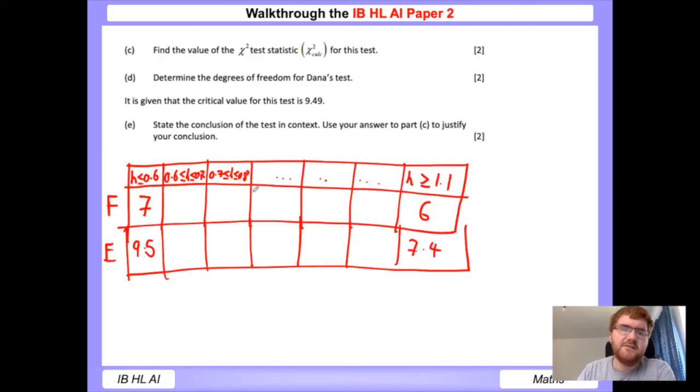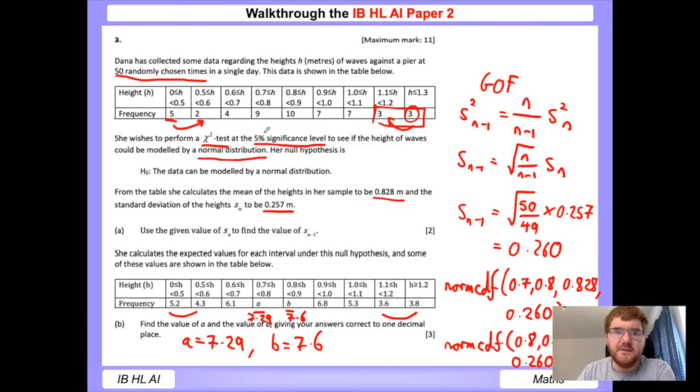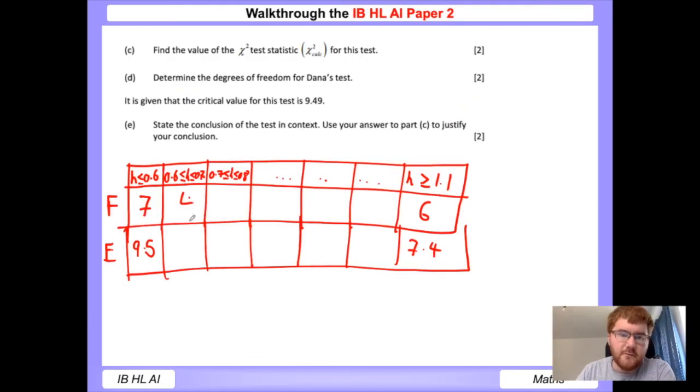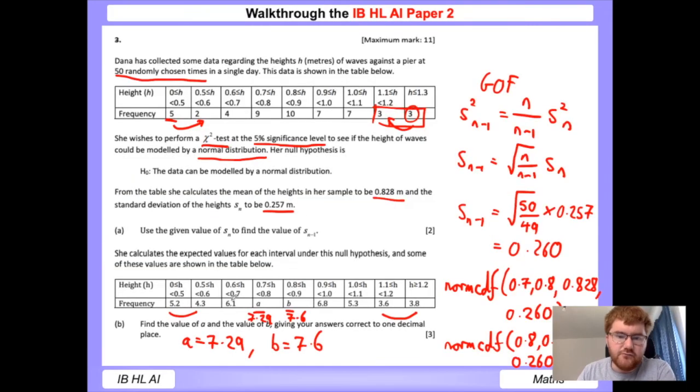And then for these ones, well, we already have them all set up, so we're just going to copy these across. So we get 4, 9, 10, 7, 7, and then we can just read off the values that we did before. So we get 6.1.